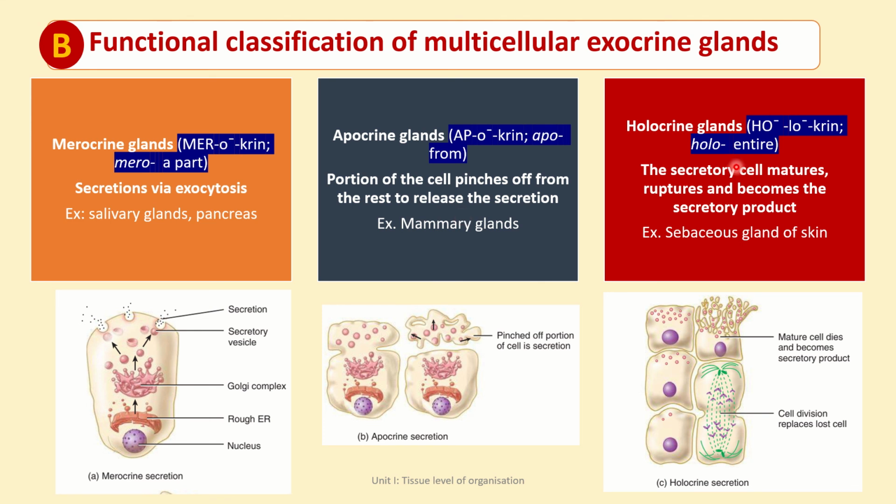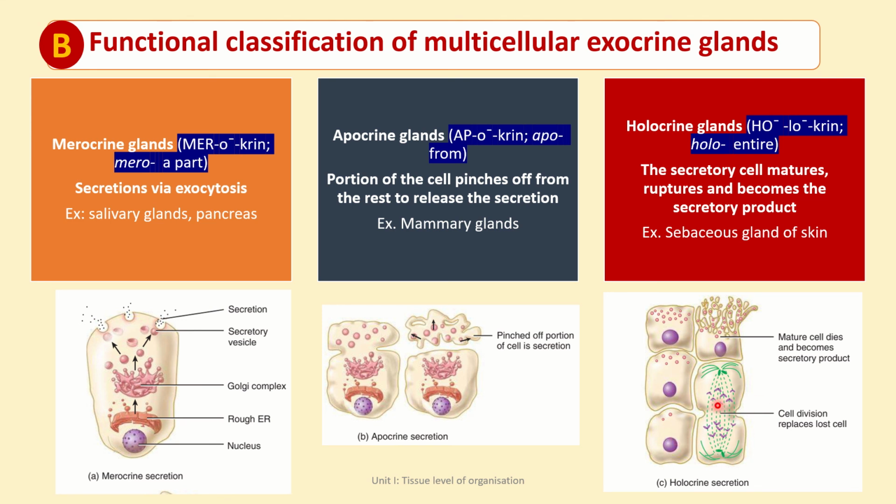The third type of exocrine glands are called the holocrine glands. Holo meaning entire. In holocrine secretion, the cells will accumulate the secretory product in their cytosol. Then, as the secretory cell matures, it will ultimately rupture and become the secretory product.